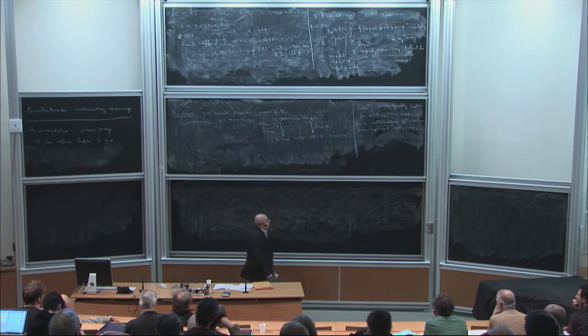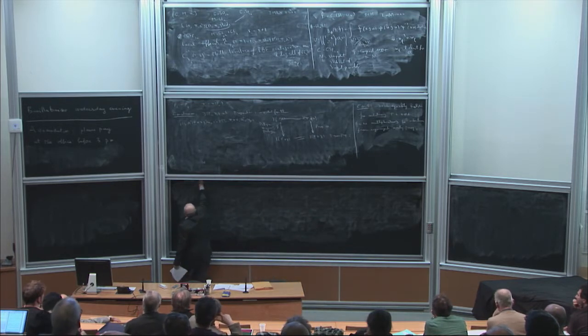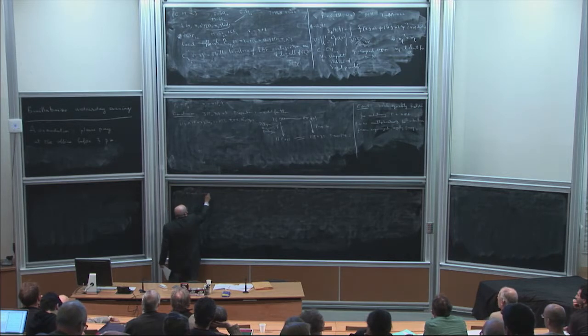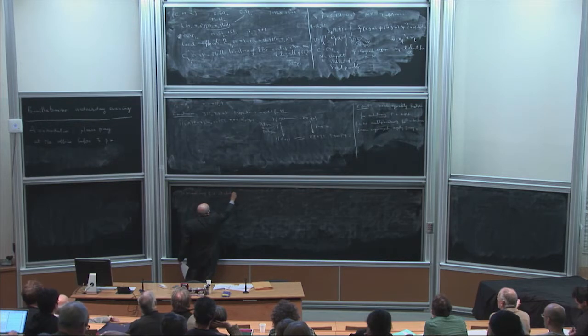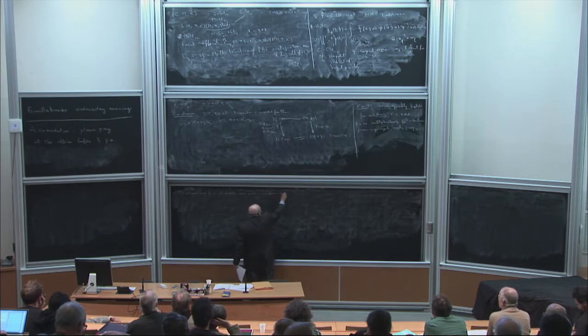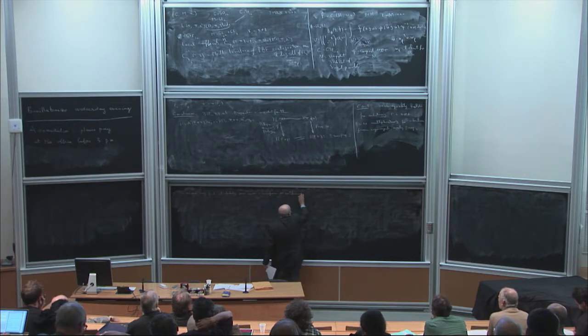If you want to prove stability, you need to have some uniform smoothness. To prove any kind of stability, one needs a uniform smoothness for this B sub phi.